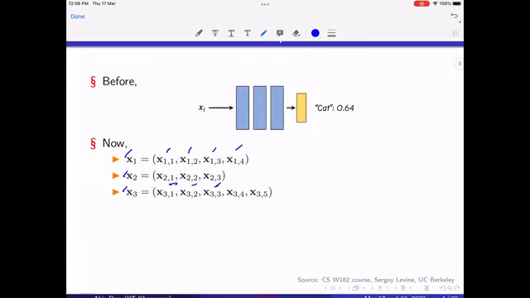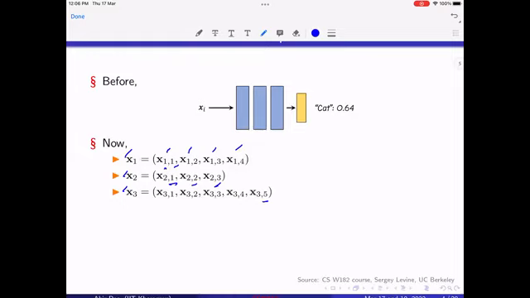X3 has, I think, 5 elements. We denote it in this way: x11, where the first subscript tells the input, or the sequence number, and the second subscript tells the element of the sequence. So this has 4, this is 3, and this has 5.